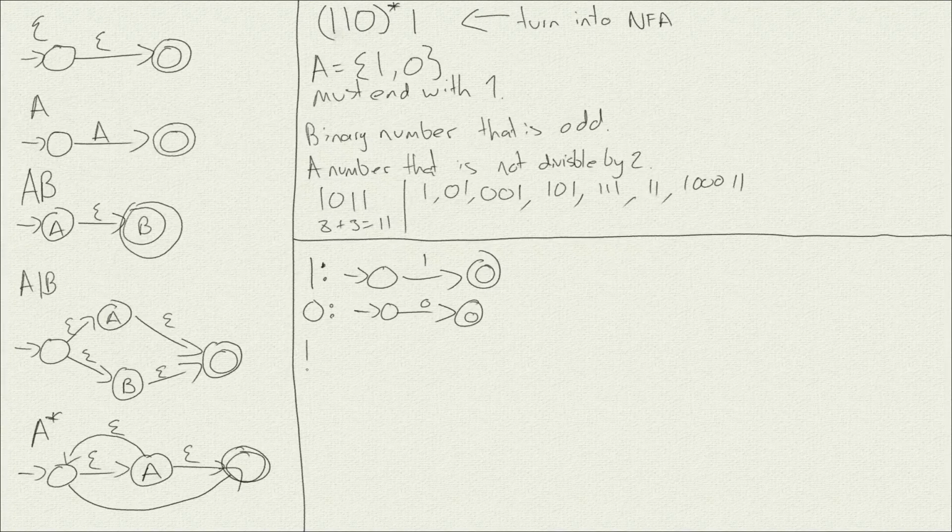So 1 or 0 would be starting state followed by epsilon. Then we use the pattern for A, which is simply this, 1. And it does not finish, actually, my bad.